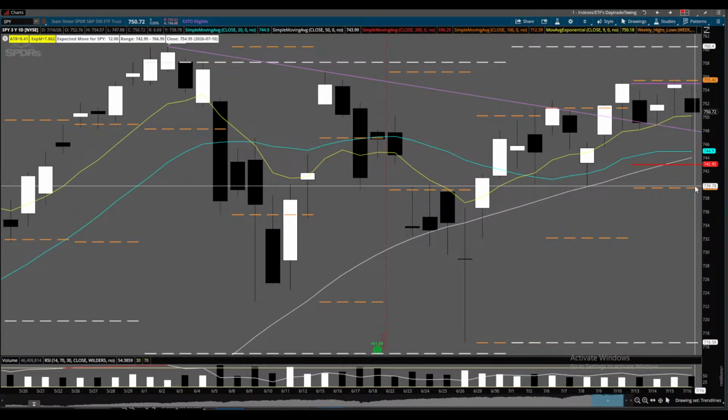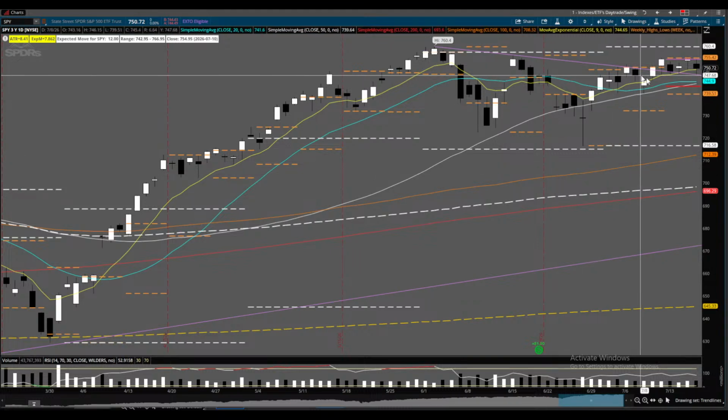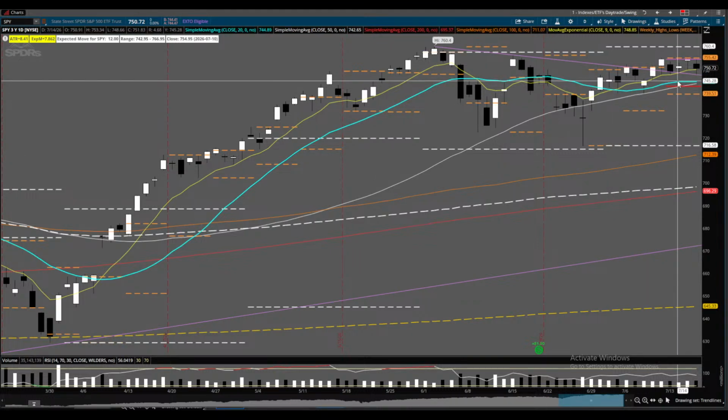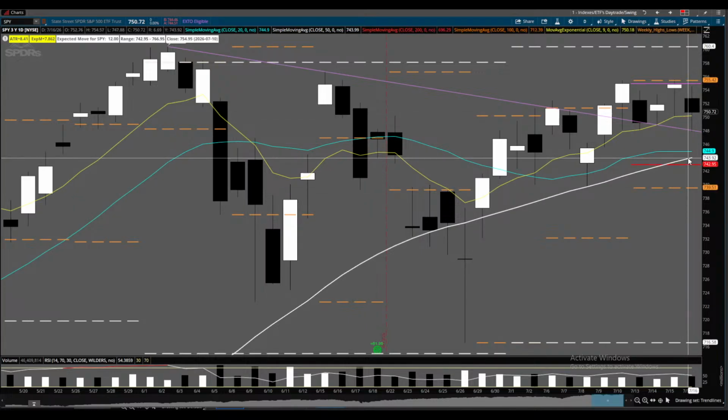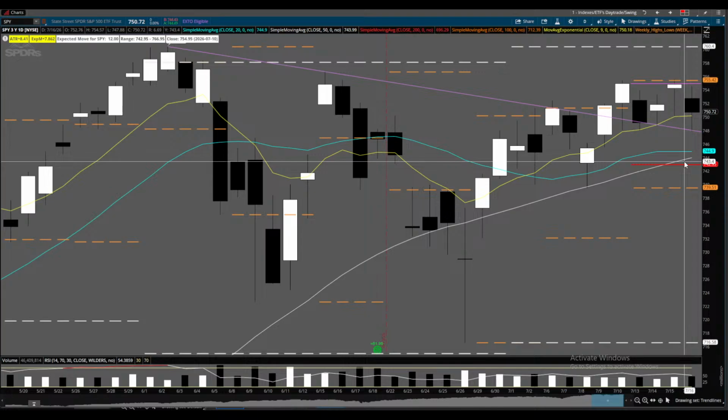We are $5 above that right now. So, in the daily chart, this is not very bearish. Okay, keep that in mind. We're not even below last week's lows. We're not even at the weekly expected move to the downside.